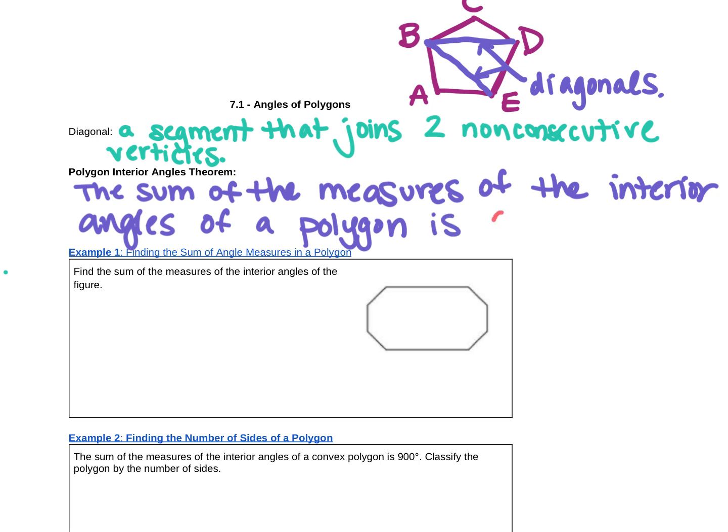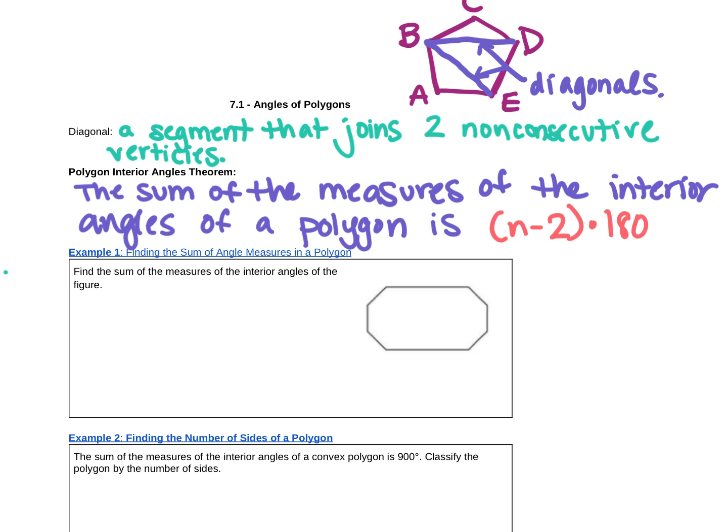We would go n minus 2 times 180. That tells you how many degrees the total polygon is going to end up to be, okay?